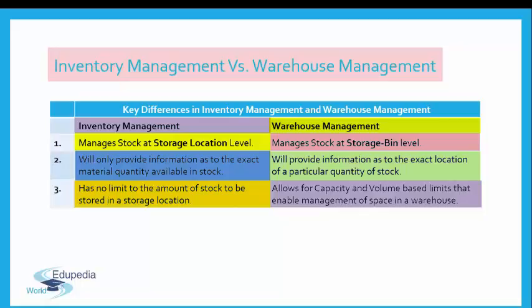With warehouse management, however, you are able to account for capacity and volume-based limits. This gives us a very superior ability to manage space within a warehouse, because we are able to track how much space we have remaining and how much space has been used.